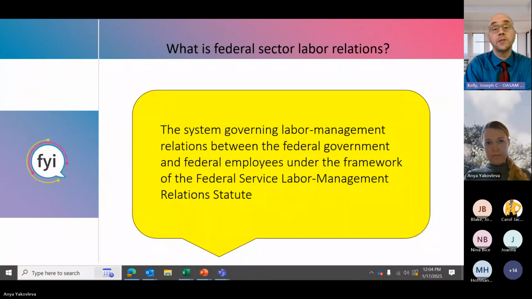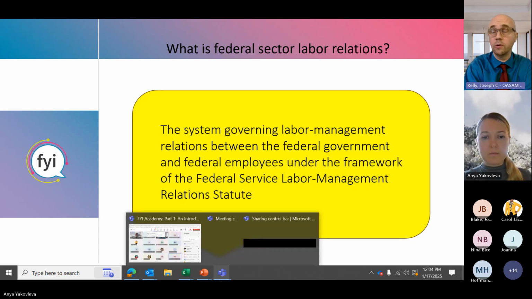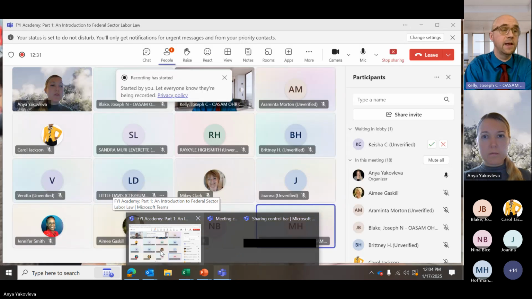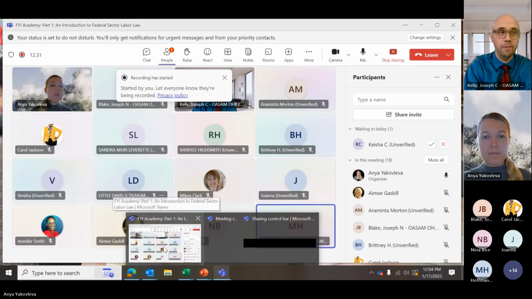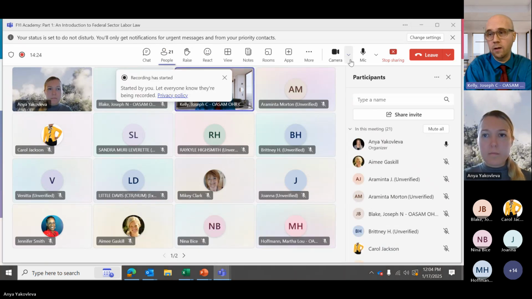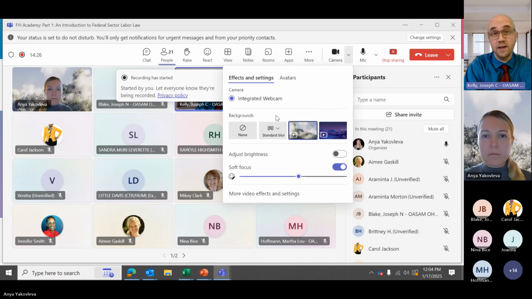Before we dive in, I struggled a little bit with what information to include, how much information to include, and how to organize it, because the topic of federal sector labor relations is pretty deep, and it's pretty squishy in that terms are very often ill-defined. It's nuanced and complicated.